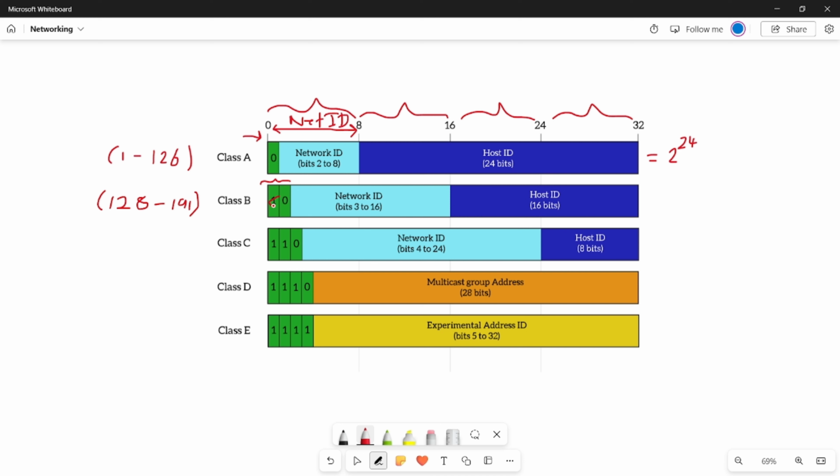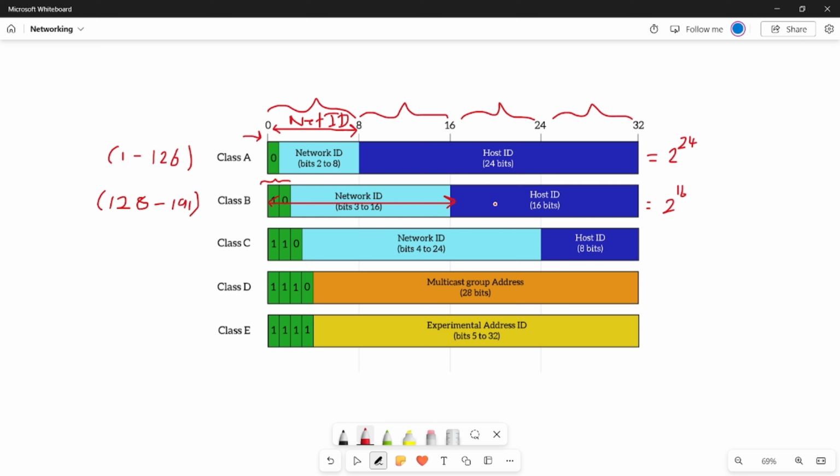The class B IP address uses the first 16 bits for the network ID. The other 16 bits allow us to make our host addresses. So we can create 2 to the power 16 different IP addresses using one network ID.